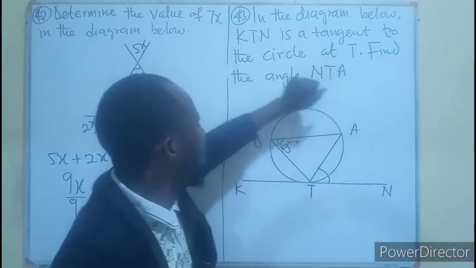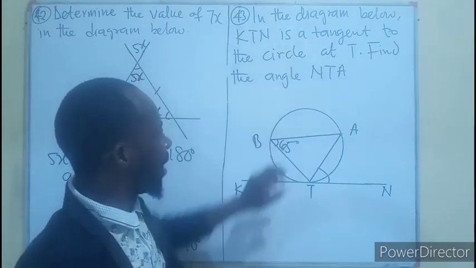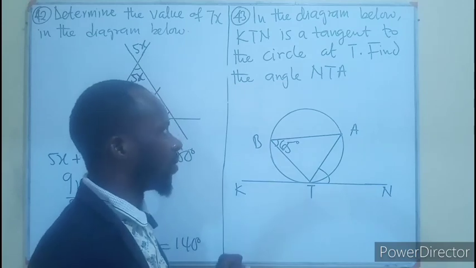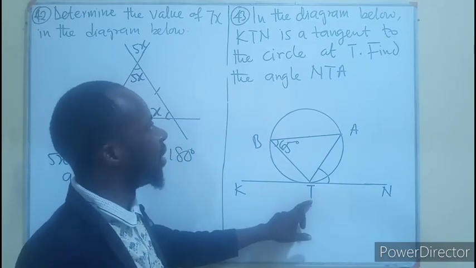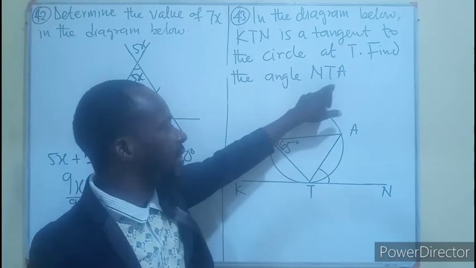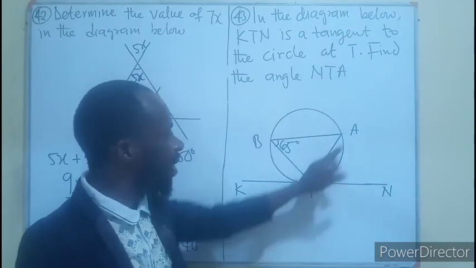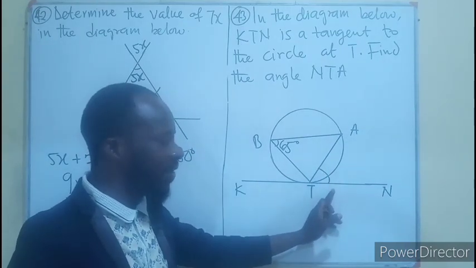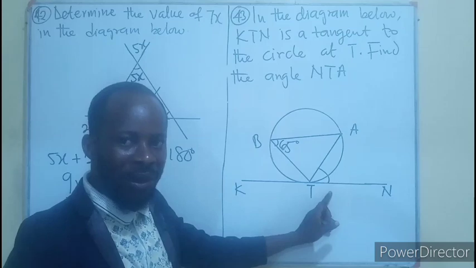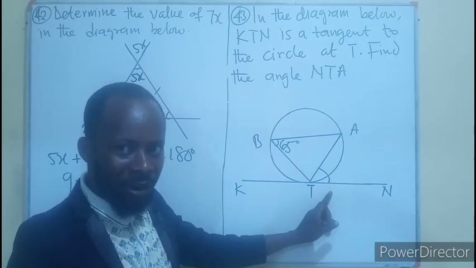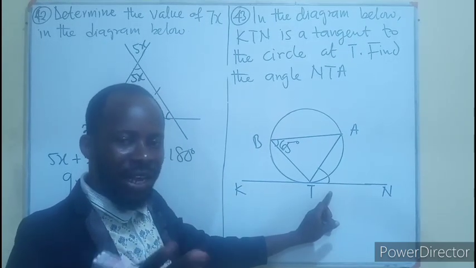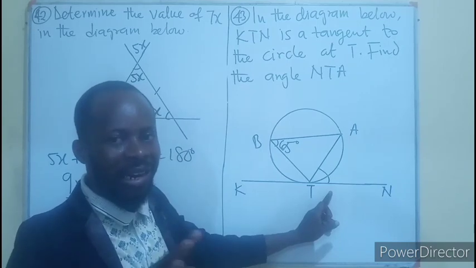In the diagram below, KTN is a tangent to the circle at the point T. Find the angle NTA, which is this exterior angle. Remember, a property under circle theorem says that angles in opposite segments are the same.